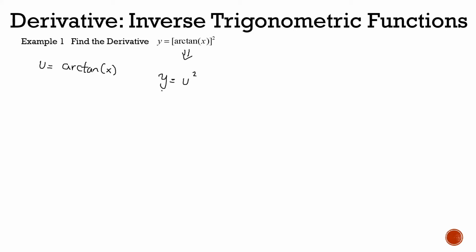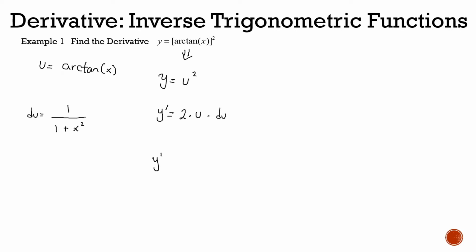So derivative of y equal to u squared is y prime equal to 2 times u times du. And we know what u is. Our derivative of u, which is the arctangent, is 1 over 1 plus x squared.